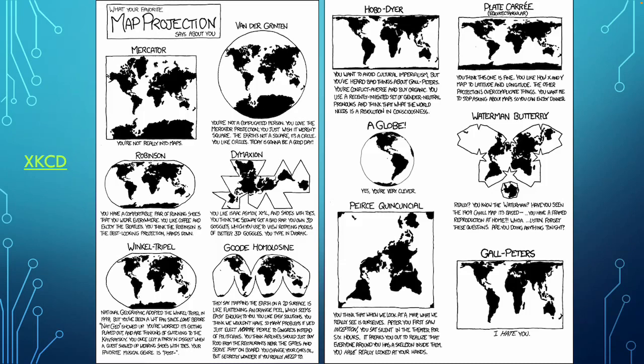There was some thought that this biased people's perceptions and devalued countries that were along or near the equator. So this projection was a way of dealing with that, and there was a lot of argumentation about whether that was necessary.